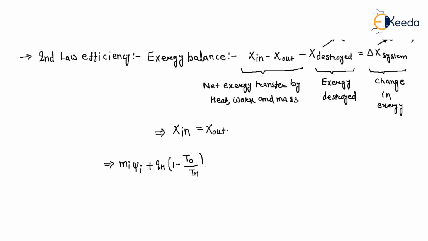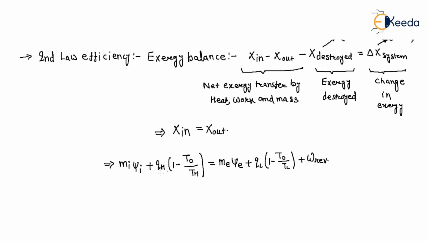So this is your exergy in. What is the exergy out? Me psi E plus heat, QL (1 minus T naught by TL) plus work, that means a reversible work, right?